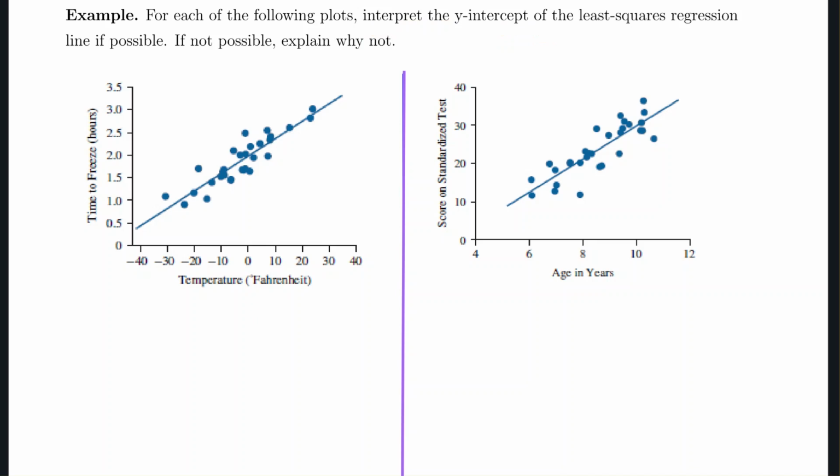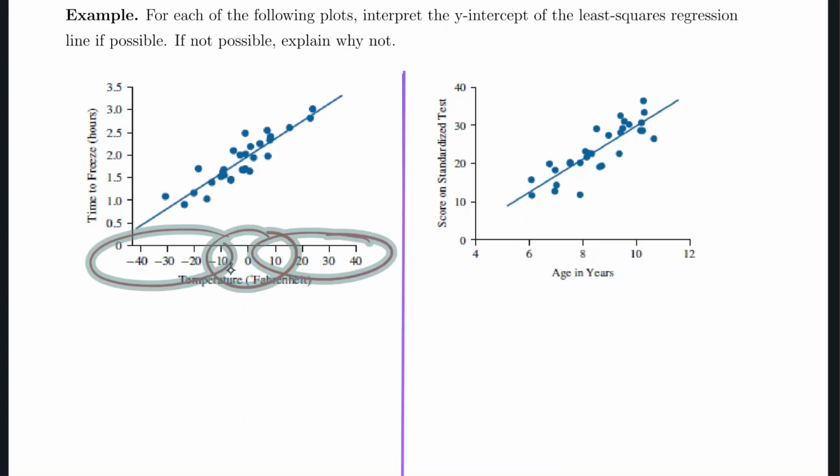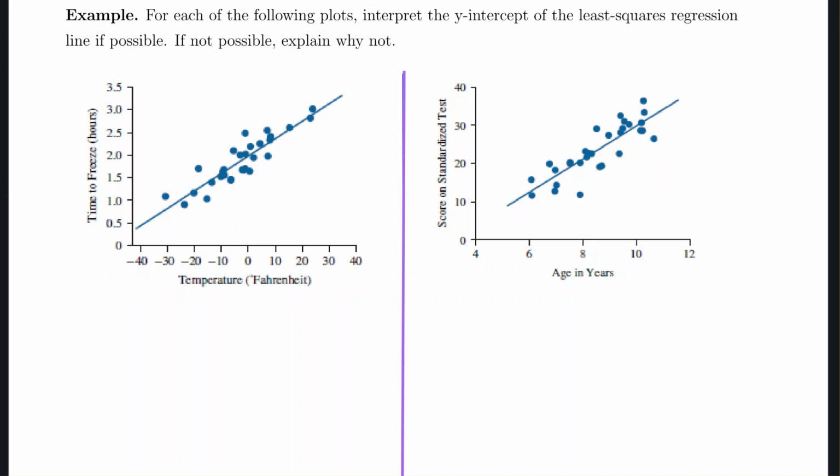In both cases, I'm looking for, are there positive and negative x values involved? And I see here I've got negative x values, I've got positive x values, I've got 0 in my range. So here I can give an interpretation to the y-intercept because the x value that generates the y-intercept is included in the data values. X equals 0 is present in the data.